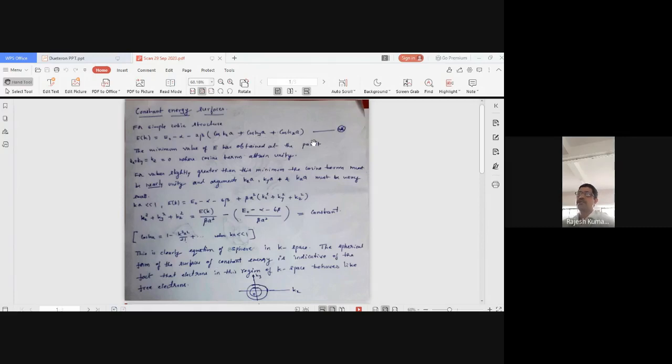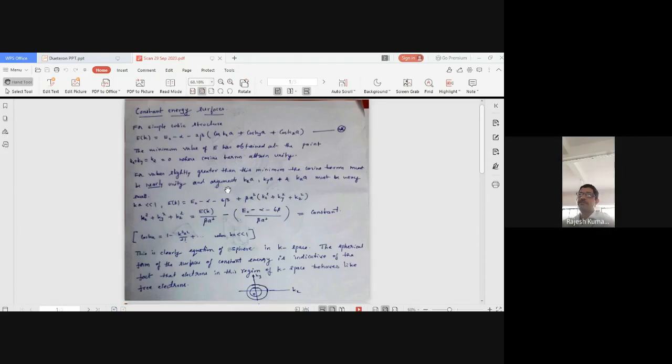That means the cosine terms attain nearly unity. If kx equal to ky equal to kz, slightly greater than 0, then approximately cos kxa equal to cos kya equal to cos kza is nearly equal to 1. This is what we are saying.